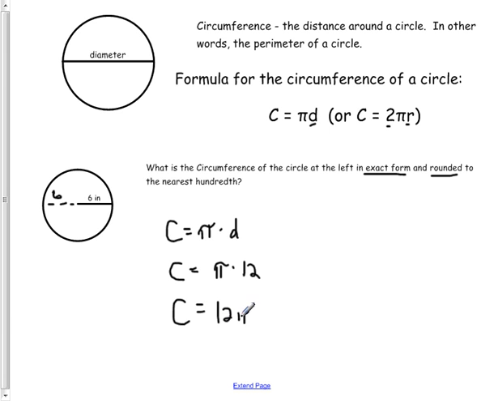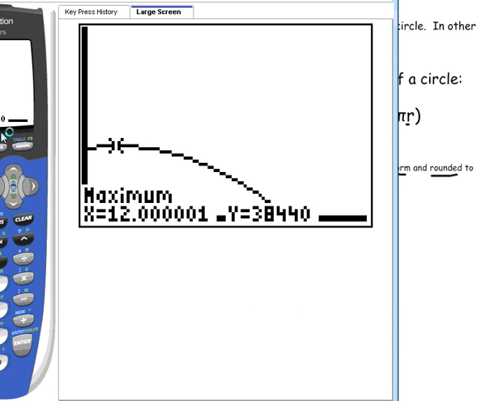Okay? So the circumference, there's two ways to write it. One is 12 pi, and it'd be 12 pi inches, and this is called the exact form. Exact is where you don't actually type it into your calculator, you just write 12 times pi. The rounded form we're actually going to type into our calculator. So let me clear out what we were doing here.